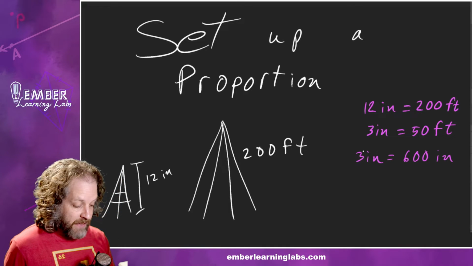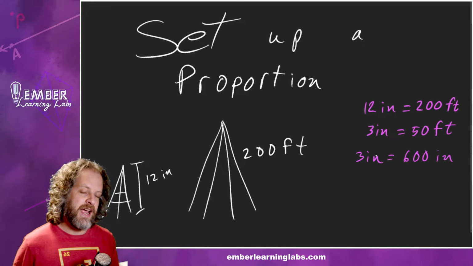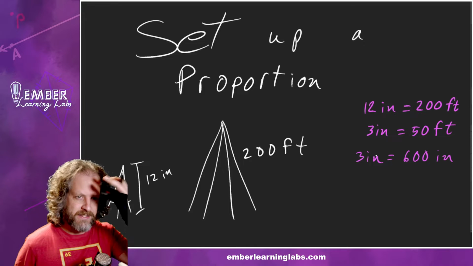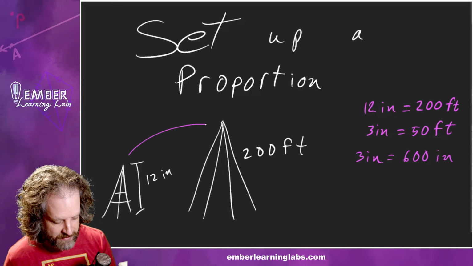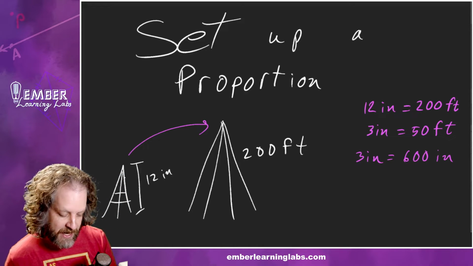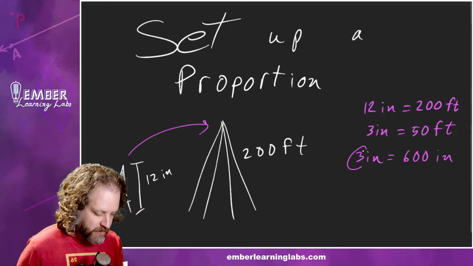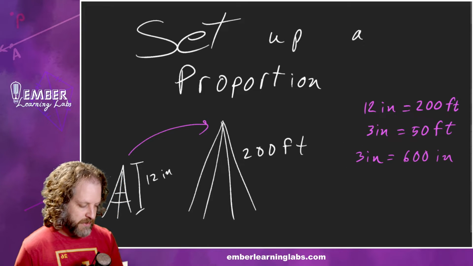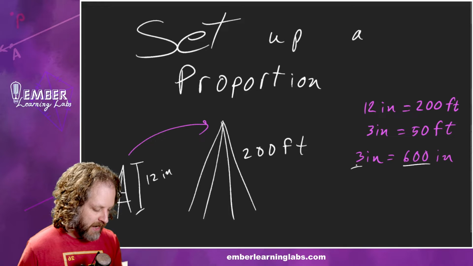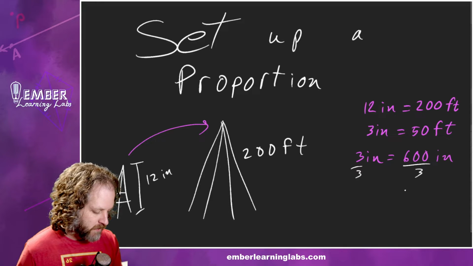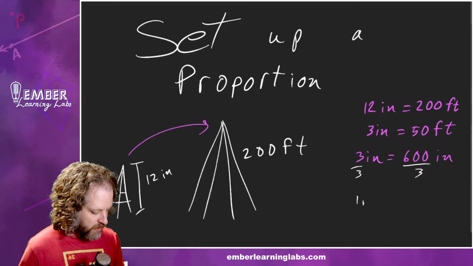If you're trying to find how many times as big as this is, we want to always turn this into a 1, right? And so we're always going to divide by this number here, right? So we end up with 1 inch equals 200 inches.